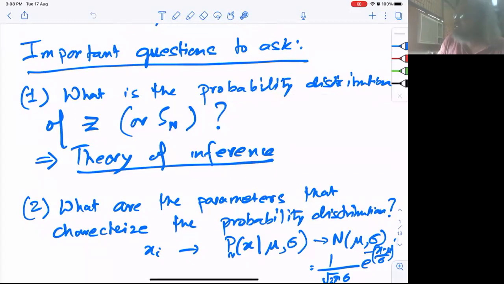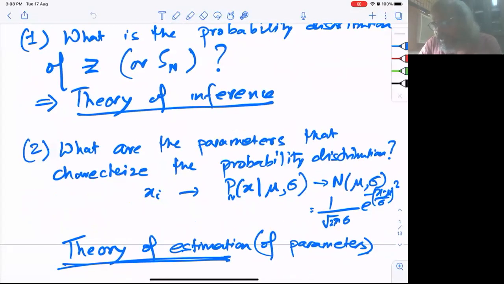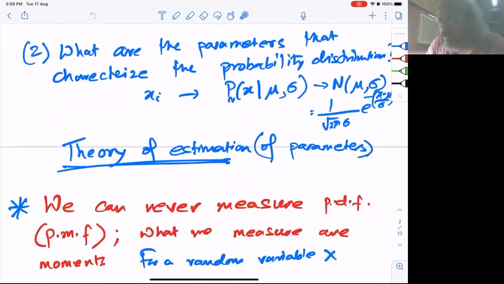When you ask what is the most likely, or sensible, distribution of this combined quantity, this is what is called the theory of inference. There are concepts of entropy that come in here, and laws of maximal entropy that give you a distribution. All these very beautiful theories, but we'll not go into that, so that you are just aware.